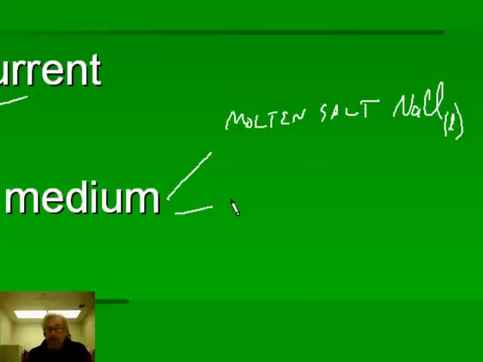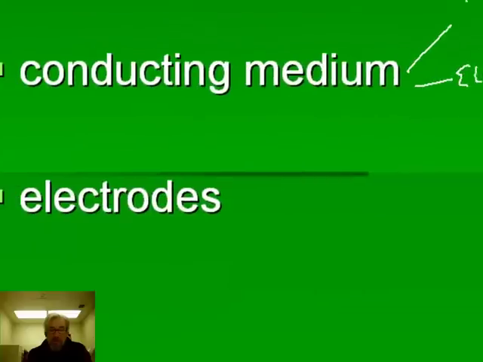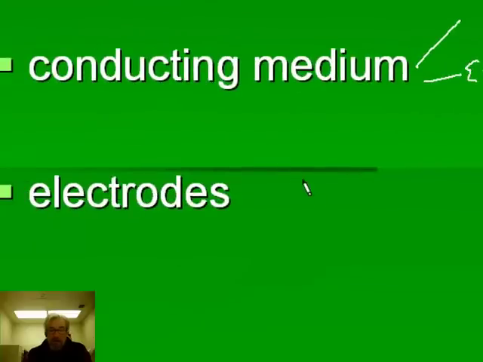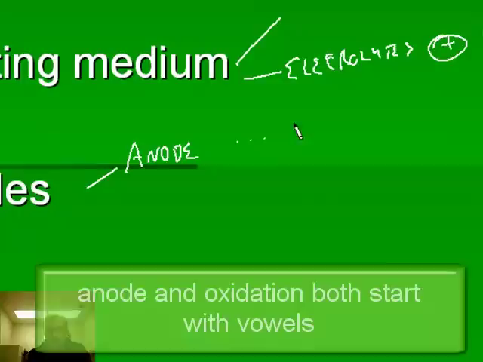Or you could also have an electrolyte that's dissolved in water, because electrolytes conduct electricity. You'll have positively and negatively charged ions that are mobile because they're free in an aqueous solution. And then you also have to have electrodes. There are two electrodes. One electrode is called the anode, and the anode is where oxidation occurs.